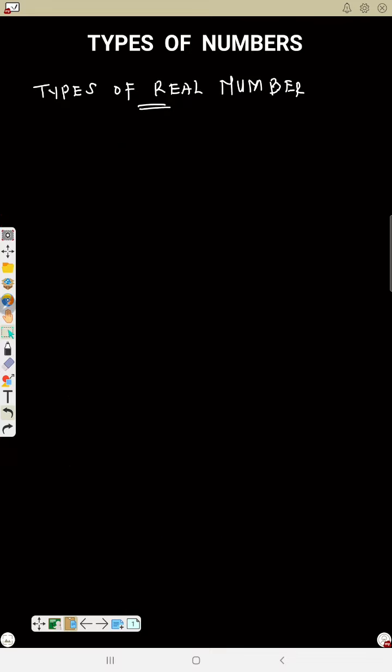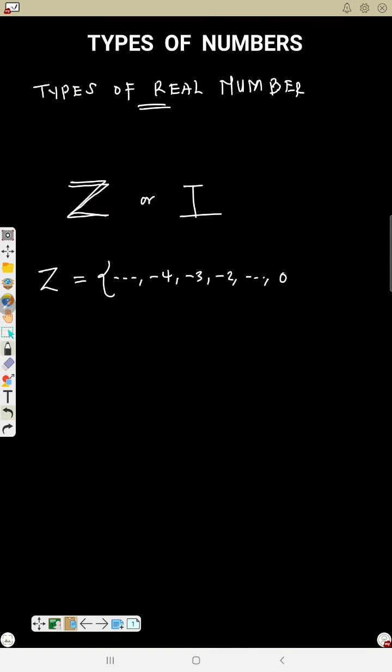Now, the set of integers is denoted by Z, or you can say I. That means I can say Z, the set of integers, is the negative natural numbers, -2, continue, 0, and positive natural numbers.